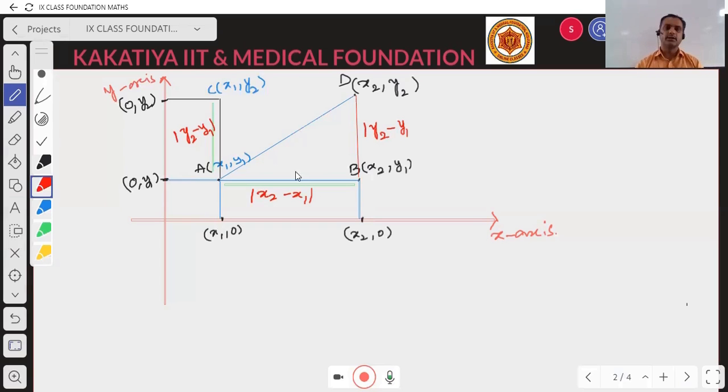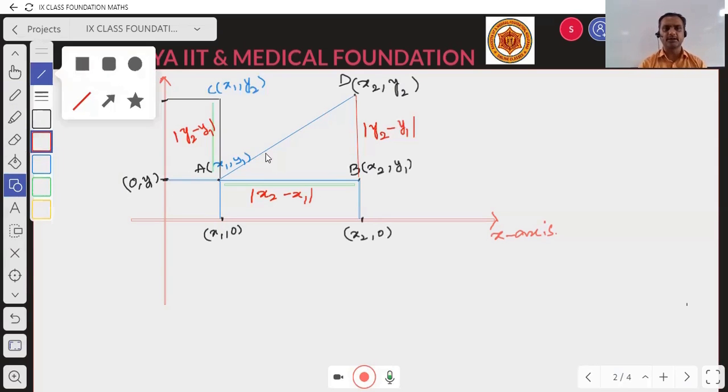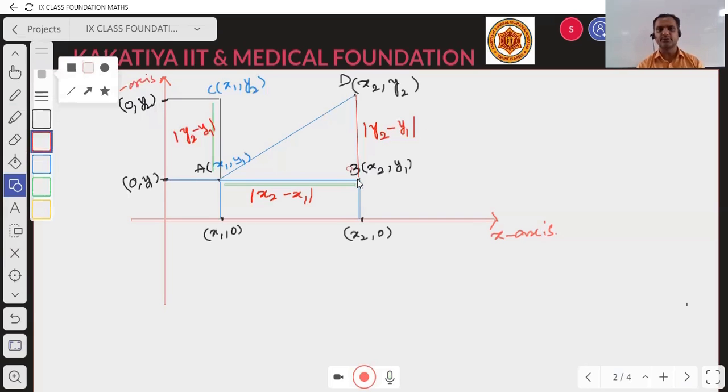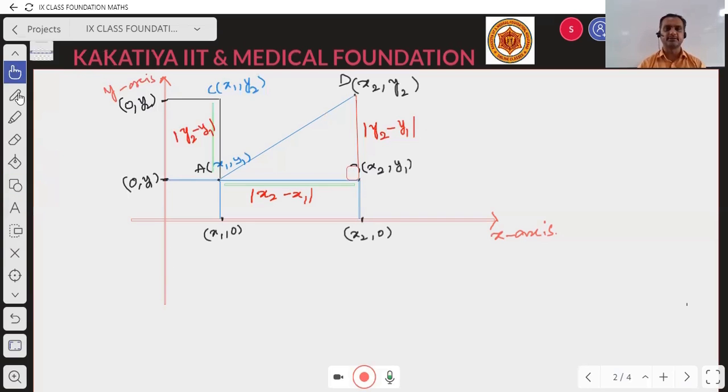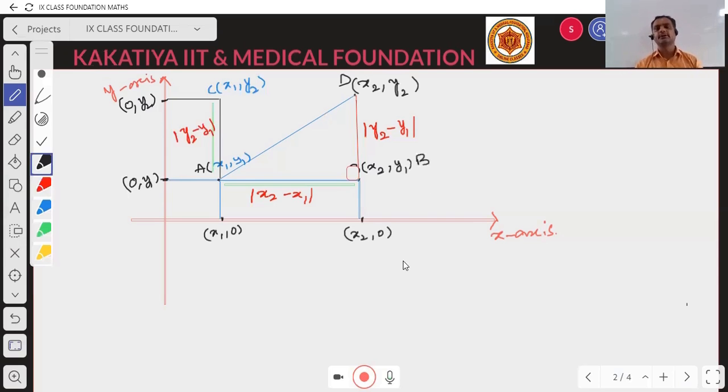Now see, are we getting a right angle triangle over here? If you observe it clearly, at vertex B we will get a right angle, 90 degrees at vertex B. Clear? Let me mention this as B over here. So we have got a right angle triangle.